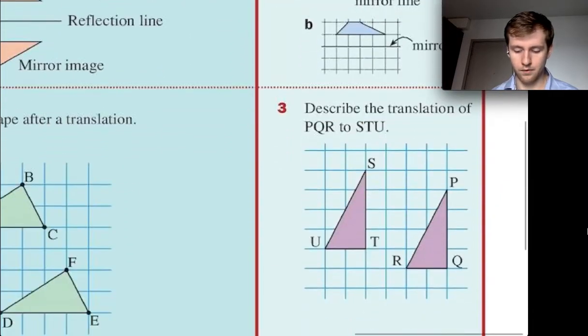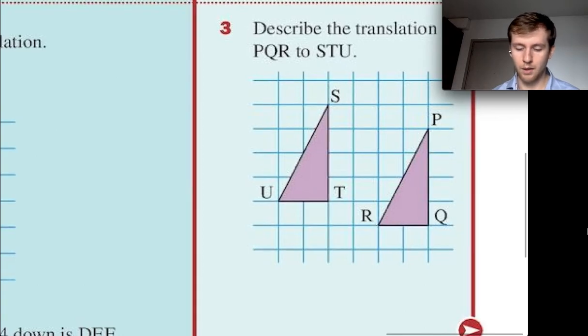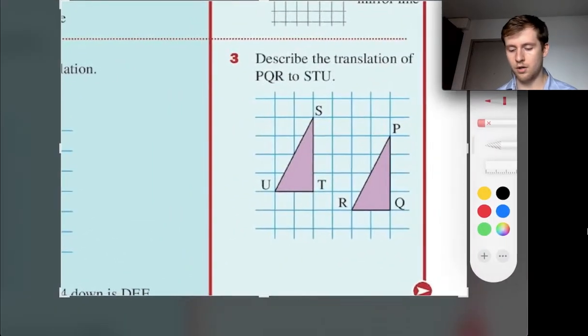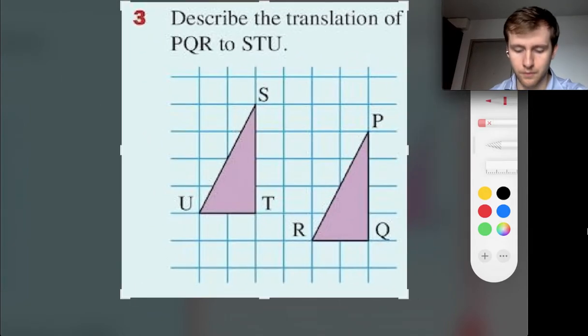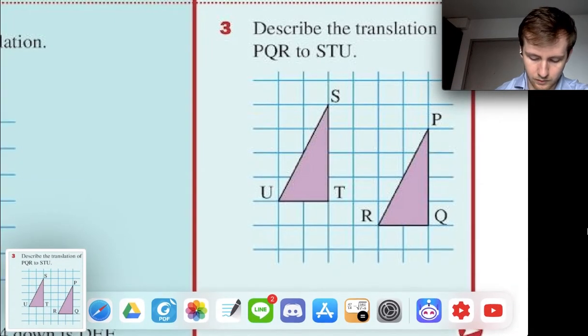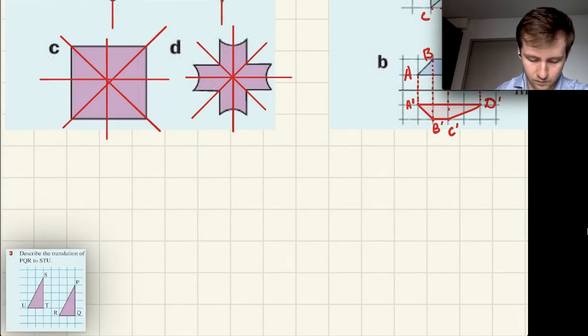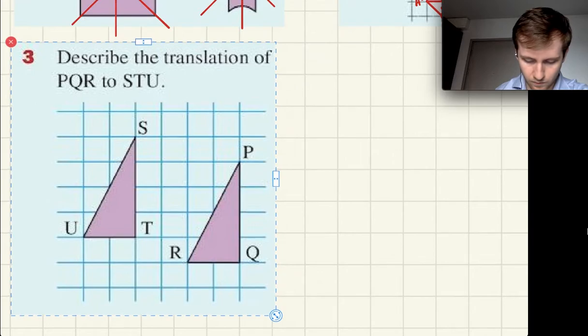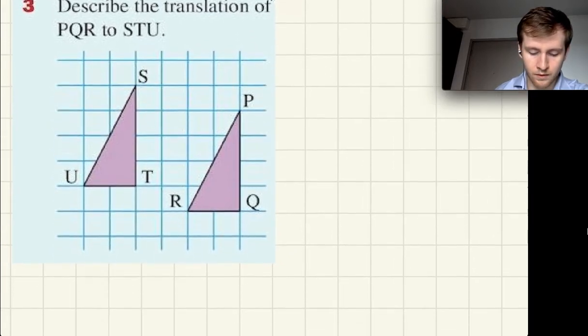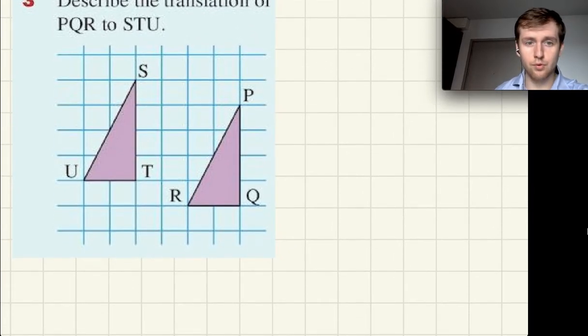Next we have translation. Describe the translation of PQR to STU. Let's figure this out. This is absolutely the same kind of triangle, just 2 times.